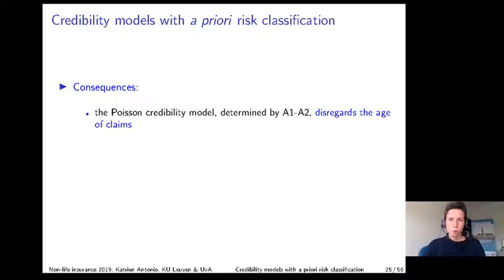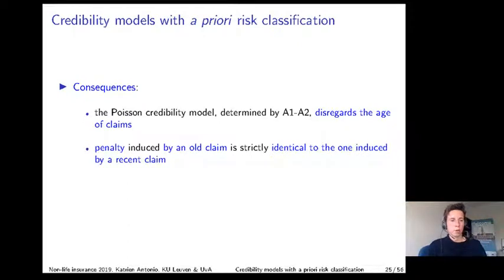The Poisson credibility model, as determined by assumption 1 and 2, disregards the age of claims. Only the total number of claims reported in the past matters. In this Poisson experience rating scheme, the penalty induced by an old claim is identical to the one induced by a more recent claim.